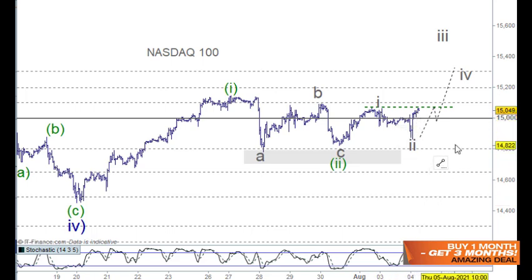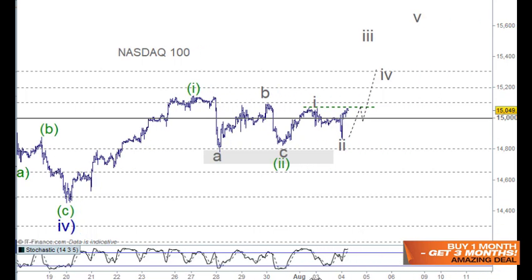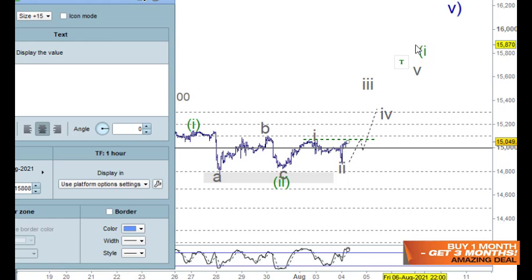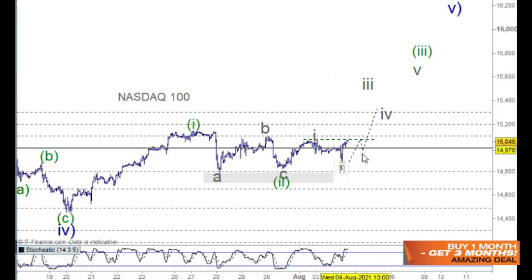So the Nasdaq is looking good. I don't really need to do much about that. We're looking for wave 5 up there, but we're also looking for wave 3. So let's just pop that in there. So that's our journey.